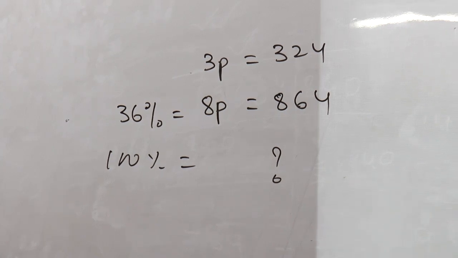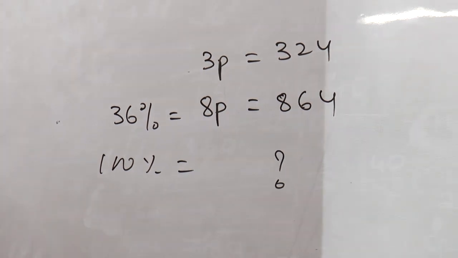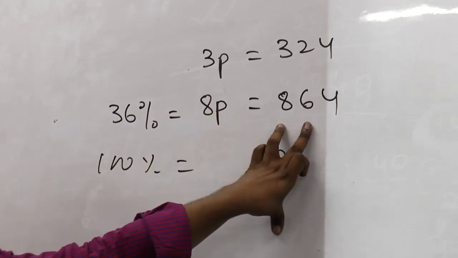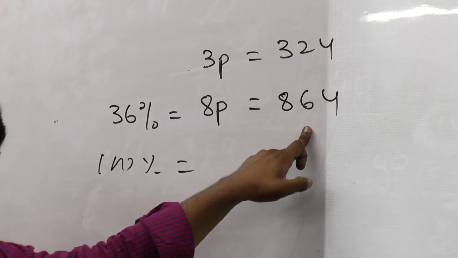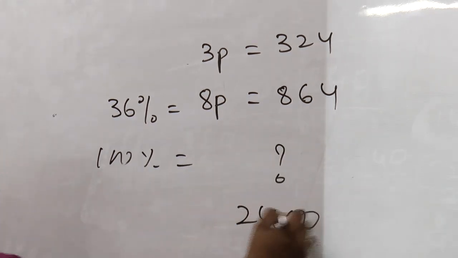Options: 2400. 36 2 times 72, 144, 4 times, 24 times of this number. Horizontal comparison. 24 times of 100 is 2400.